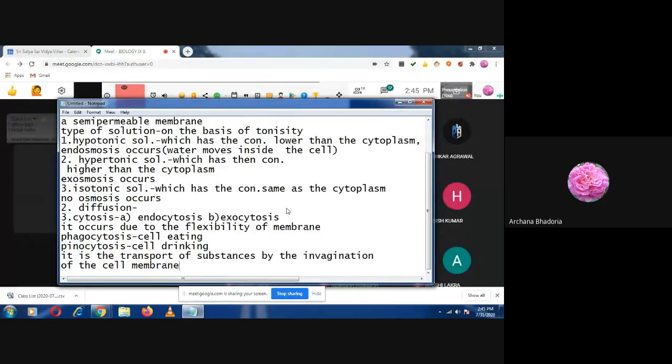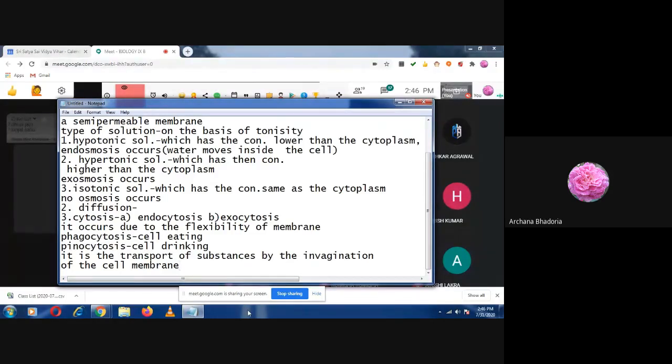Invagination of the cell membrane. And then you can add, which occurs due to the flexibility of the membrane.